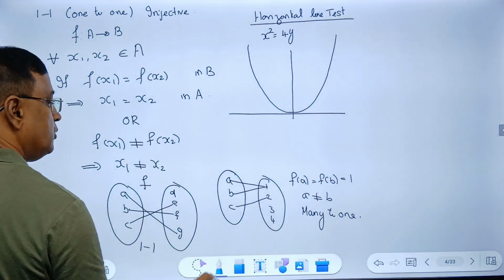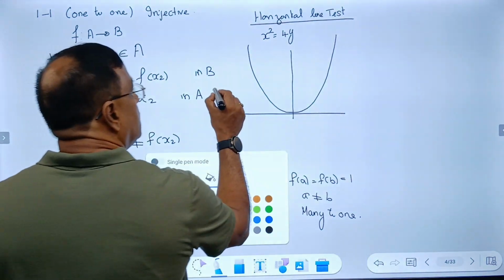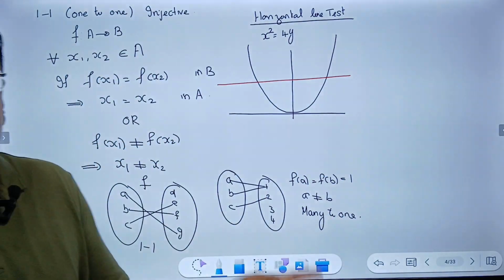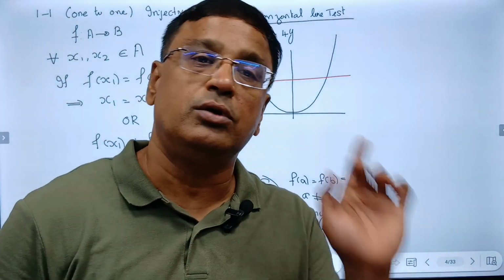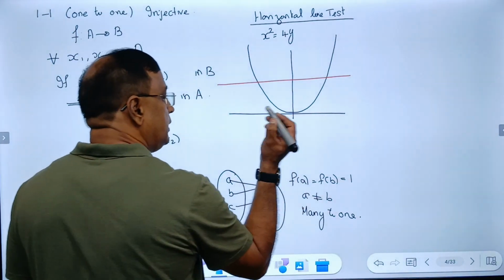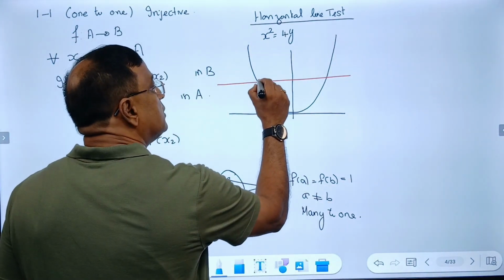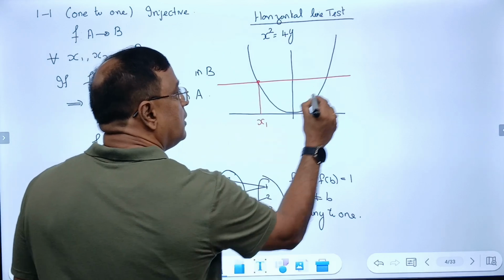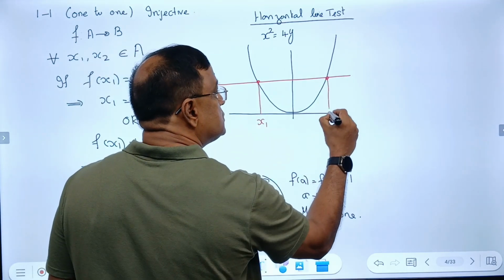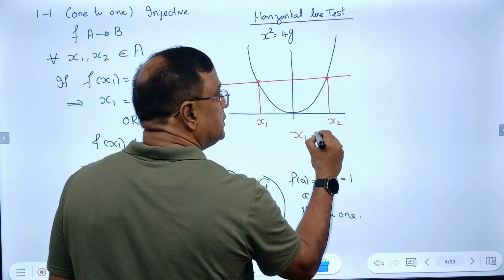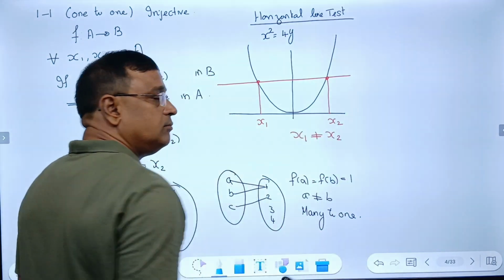Now I want to draw a horizontal line. When I draw a horizontal line, if the horizontal line intersects at more than one point, then it is not 1 to 1. Why? Very simple explanation. Look at this value. This is x1 and this is x2. Definitely they are not equal.